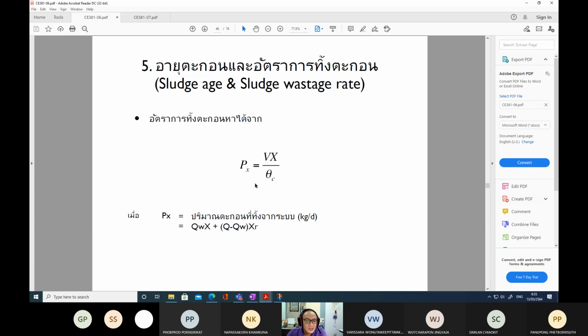The disposed sludge, or the sludge waste rate, is equal to the volume of the aeration tank times the MLSS, or the biomass concentration, divided by theta C, or the sludge age, or the mean cell residence time, or the sludge retention time. It depends on the textbook you refer to. Anyway, this is the amount of sludge we dispose.